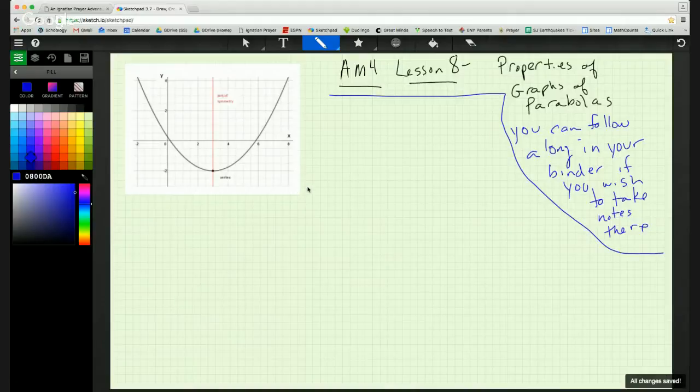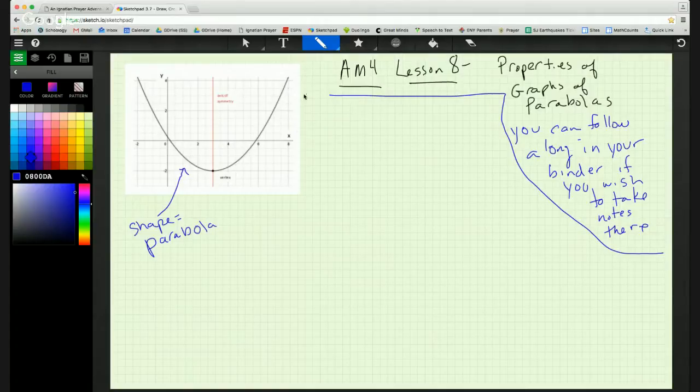So the first point is that this here on the left is called a parabola. The shape of this graph is a parabola. And they can be right side up, kind of like this one, or they could be upside down.